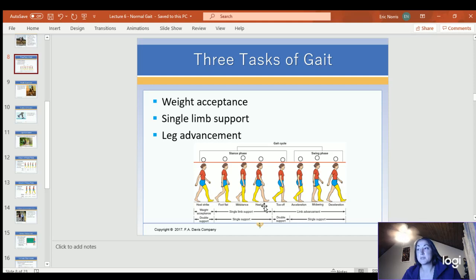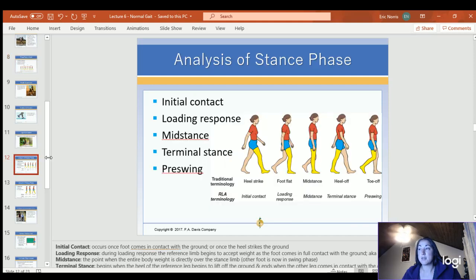So you're in single limb support, and then you get back into double limb support at toe off. So in the terms I was just calling them, you would be in double limb support at heel strike, or initial contact, leave it at loading response, and then not enter it again until toe off, pre-swing.